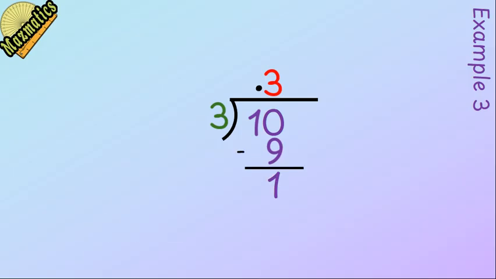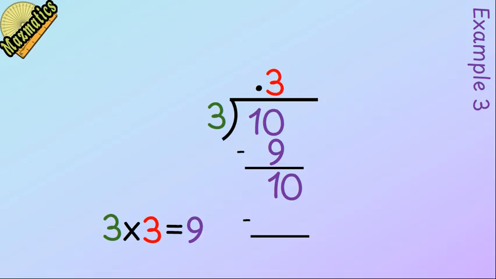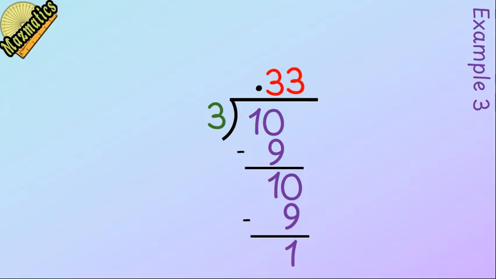Notice something important here. The remainder is 1 again. So, we put another 0 and divide 10 by 3 once more. Again we get 3 and again the remainder is 1. Oh my goodness! Do you see what is happening?